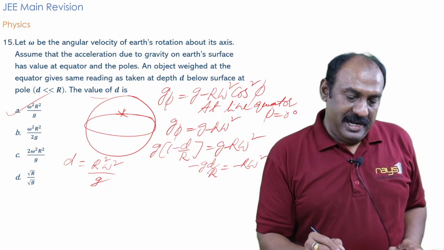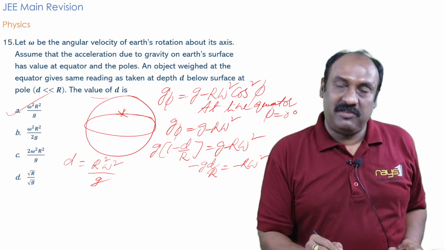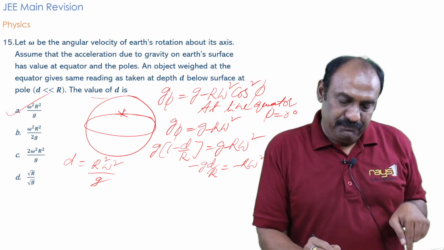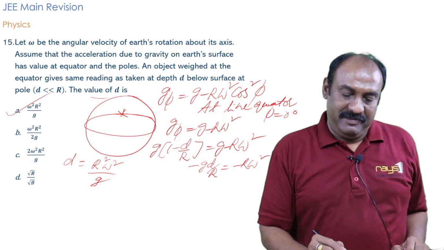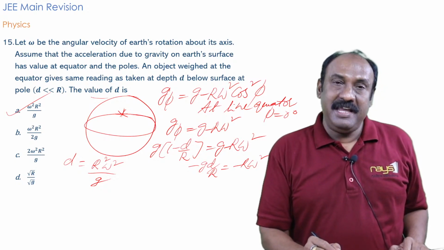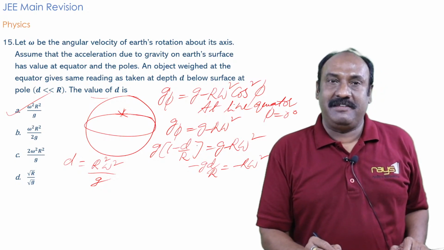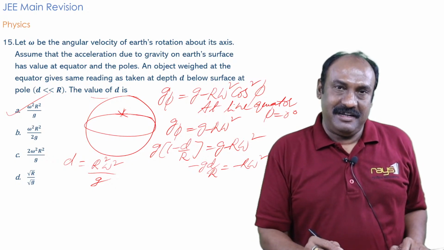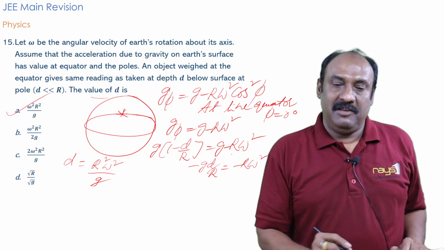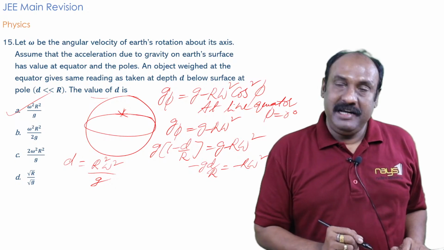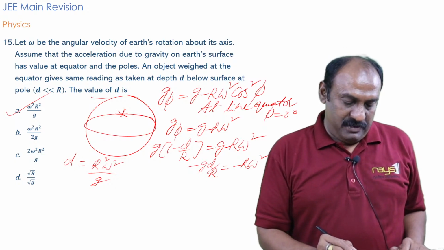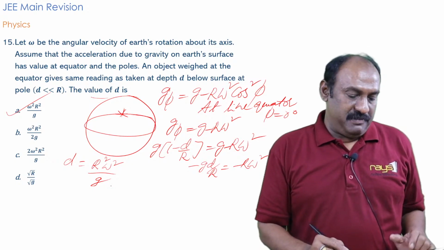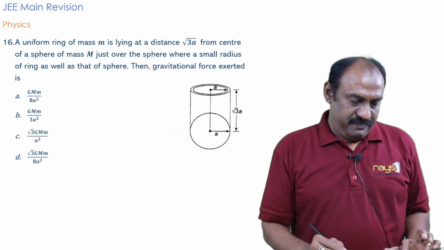According to the given data, it is equated to the weight at a certain depth d from the surface of the earth, that is g into 1 minus d by r. G into 1 minus d by r is the equation for acceleration due to gravity at a certain depth d from the surface of the earth. So, by equating these two, we get the d value as r square omega square by g, the answer for question number 15. Answer is A.